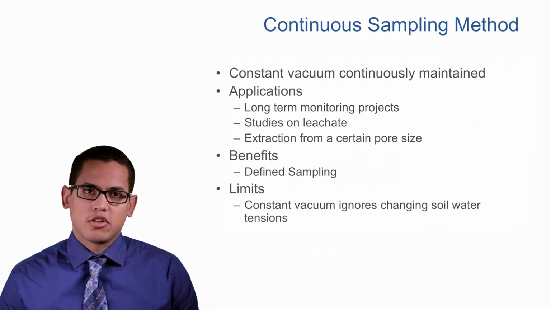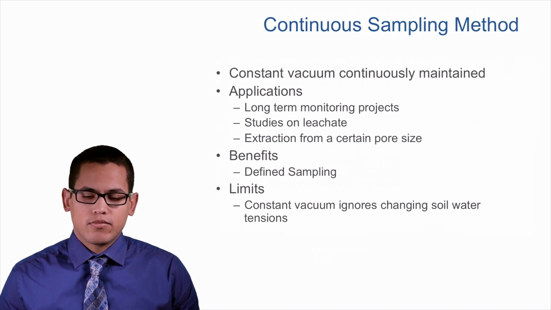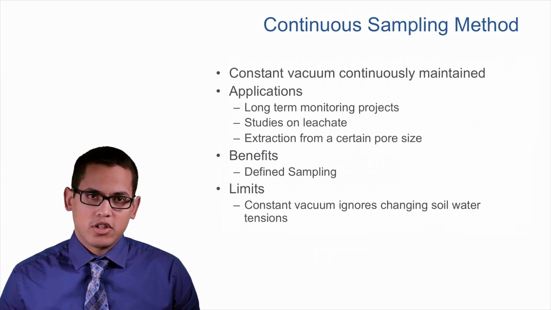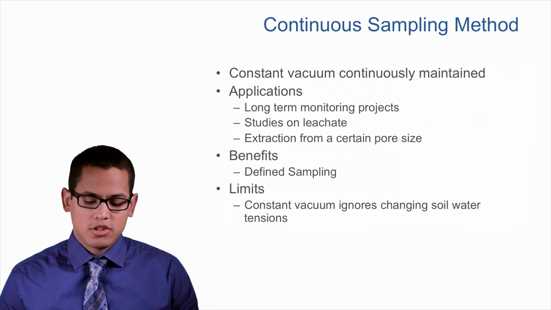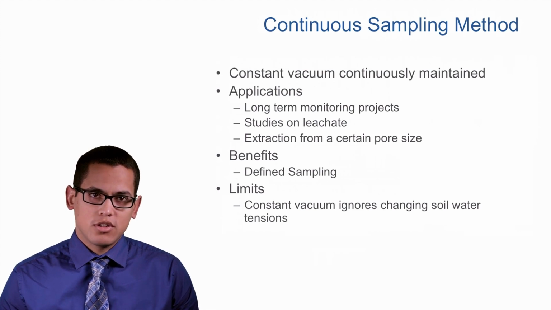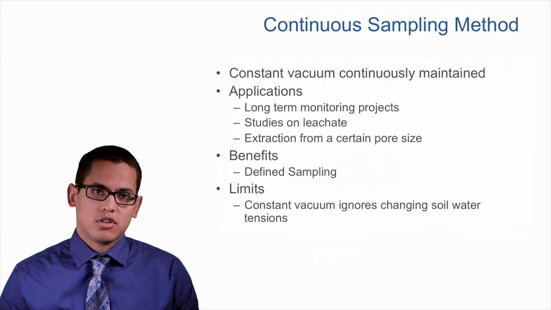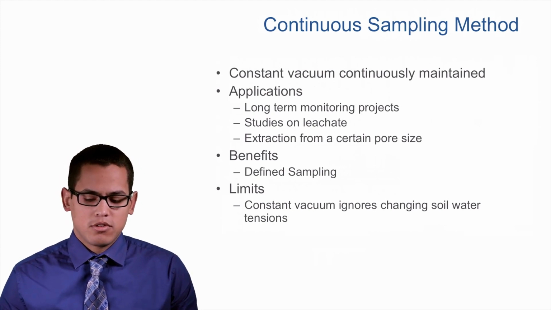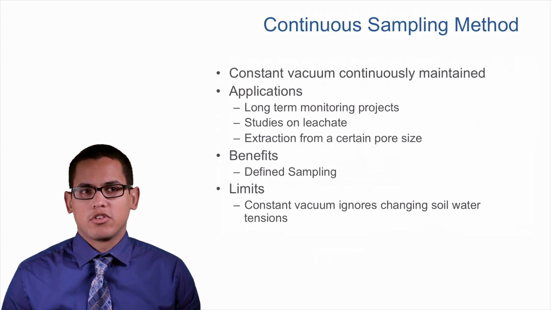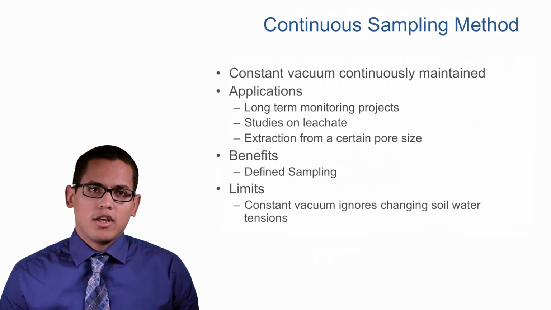If you have a site that you're continuously having to monitor for any type of contaminants that could be moving, any studies on leachate, especially some compounds are very slow moving, and so it's good to have continuous extraction so you don't miss when those compounds are coming by, instead of having to guess when you want to come out for your discontinuous sampling approach.